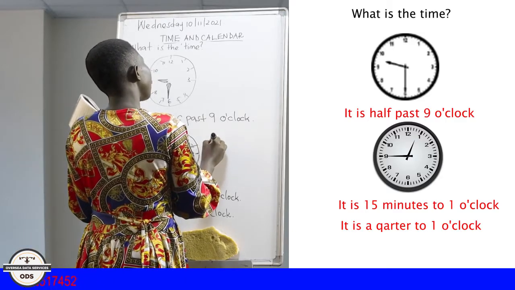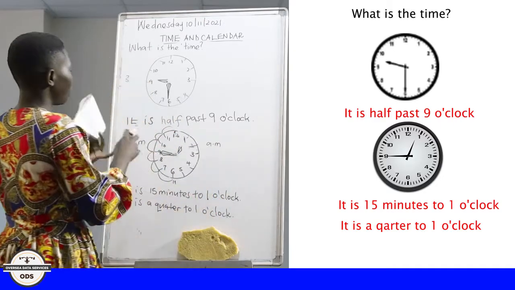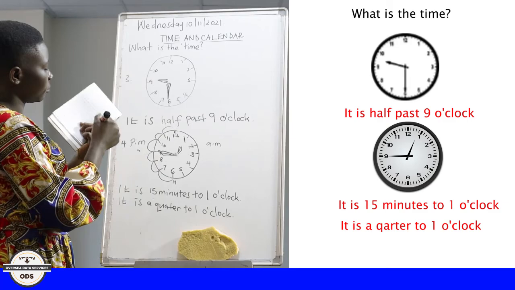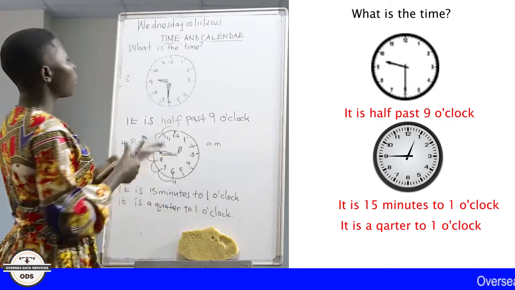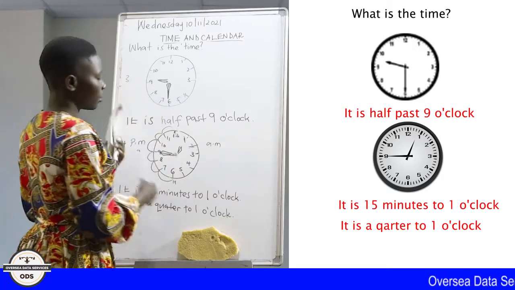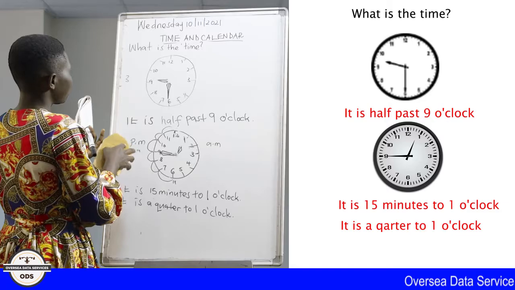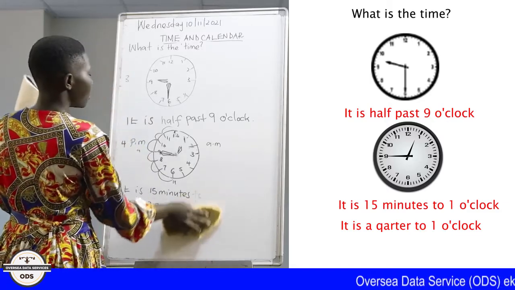After noon, from 12 to 6 and beyond, we use PM, and the morning hours we use AM. AM before noon and PM after noon. That's how we can read time.